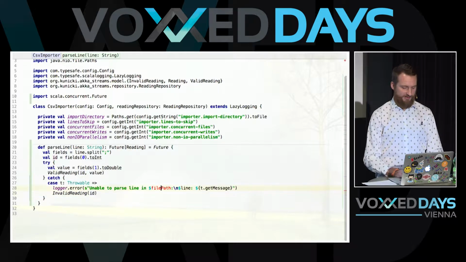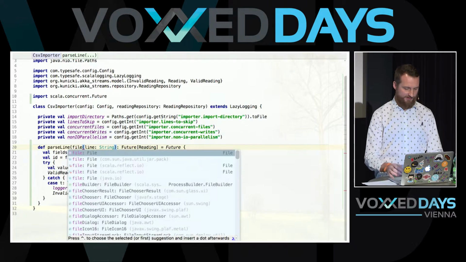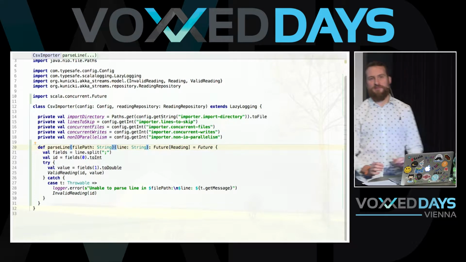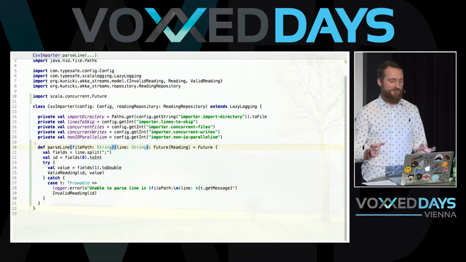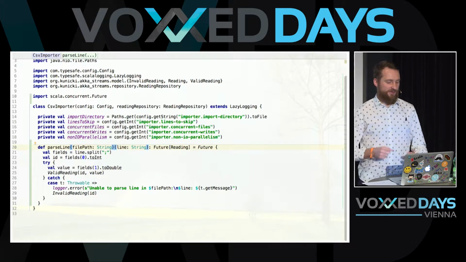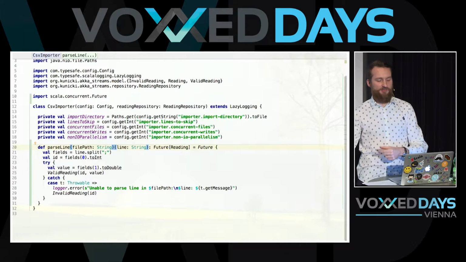And we're actually missing a file path here. So we'll complicate our method signature a little bit. Now, if you haven't seen Scala before, this may seem strange because we have two sets of parameters, but this is something called a partially applied function, and it means that if you call the parseLine method with only the file path, it would return a function that could then accept a line as a string.